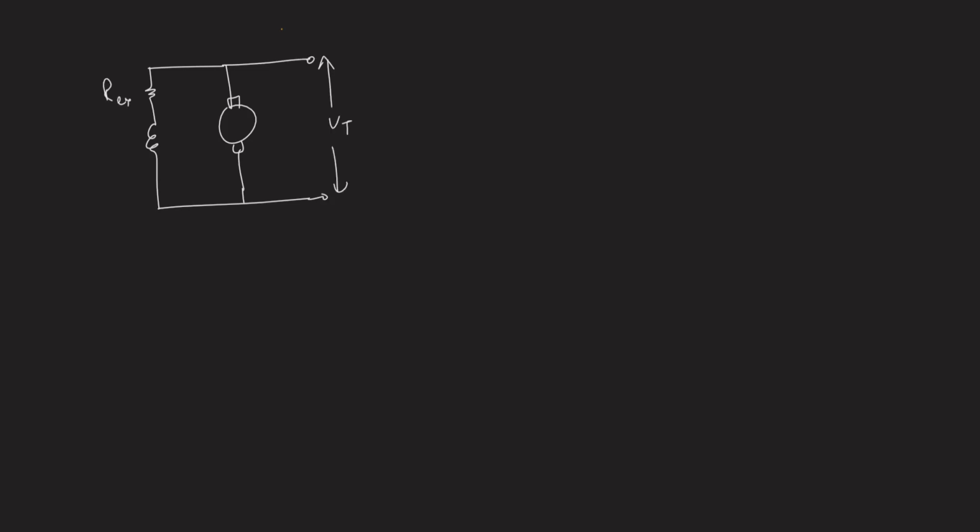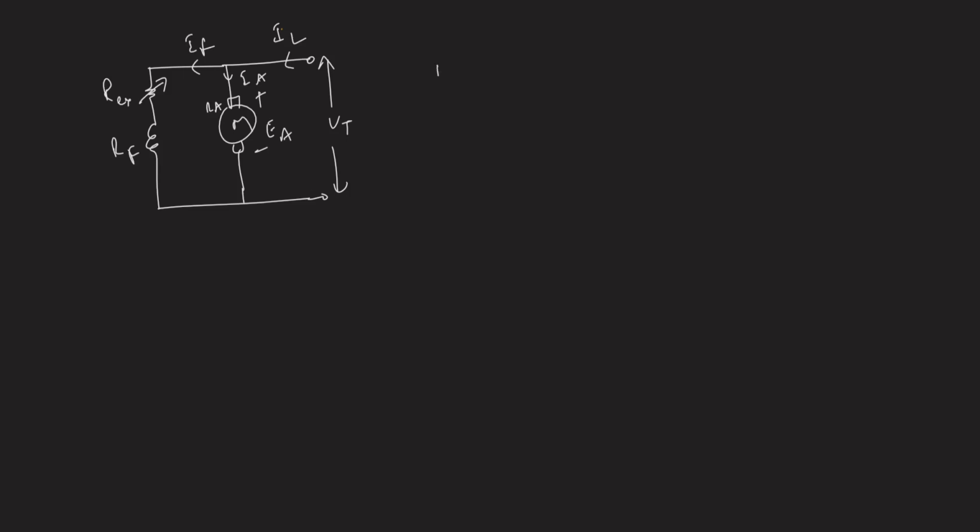This is the external resistance, which is varying. This is RF, and we have EA and RA. This is IA, IF, this is IL, right? This is the motor.